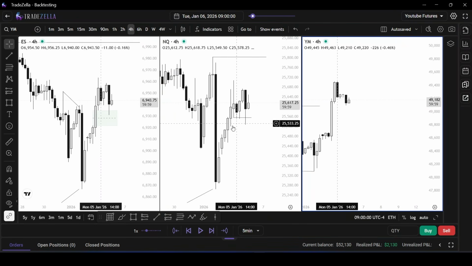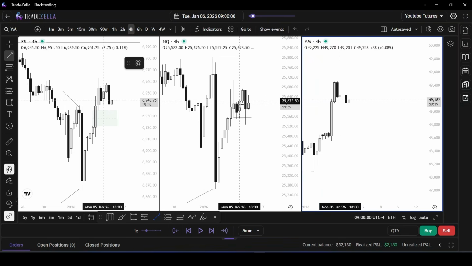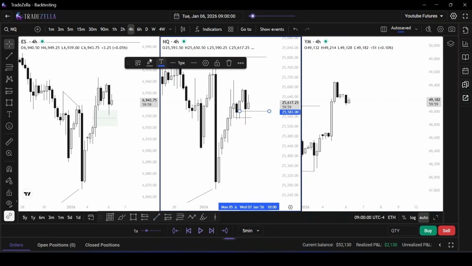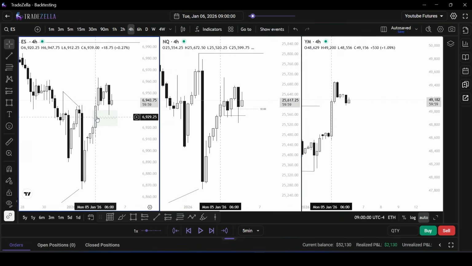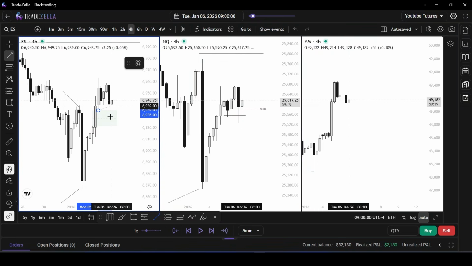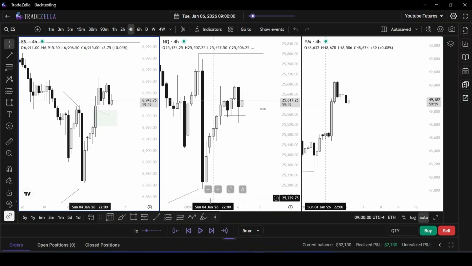We have a key level. We open, trade into the key level, yes, which is what we want to see. But the problem is we need an SMT to confirm the low of day. If we had an SMT like this, then I can be confident to anticipate this next candle to trade higher. But since we do not have any SMT here, I'm gonna let this candle close to see what it does.